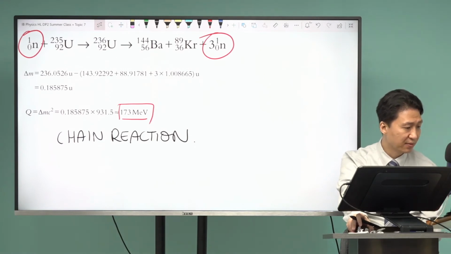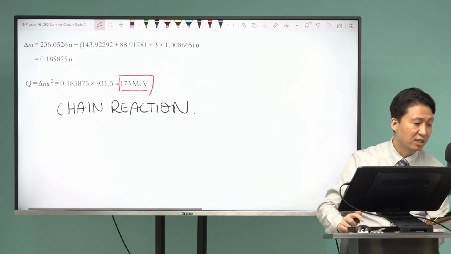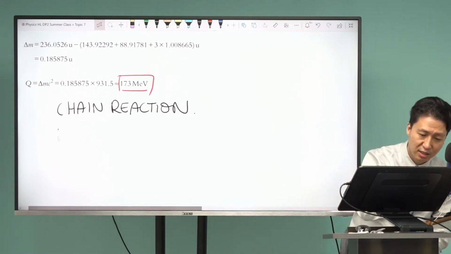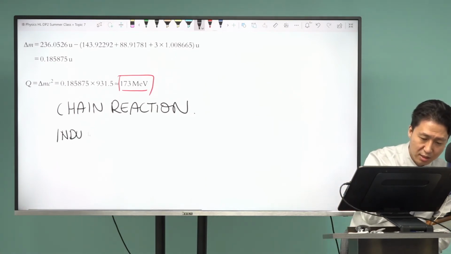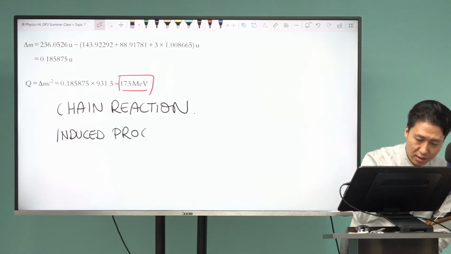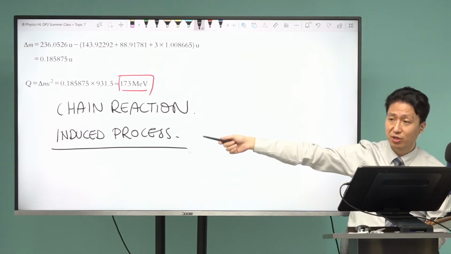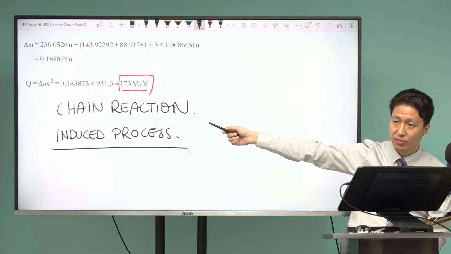You have to know that. Second thing, you should know this is an induced process. Which means if you do not give it the first neutron, it will never start. Correct?